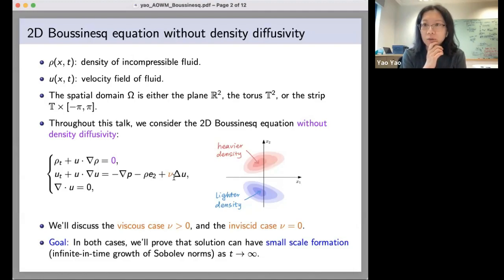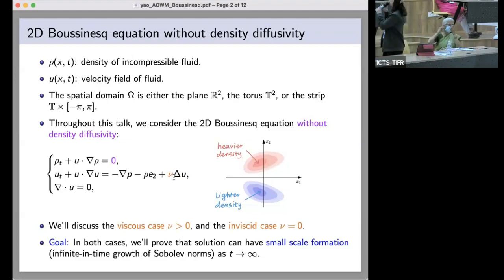If there are no shocks, then I don't know whether there are any results showing that certain norms can grow. Yeah, that's a very good point. I don't know what is known in the literature.